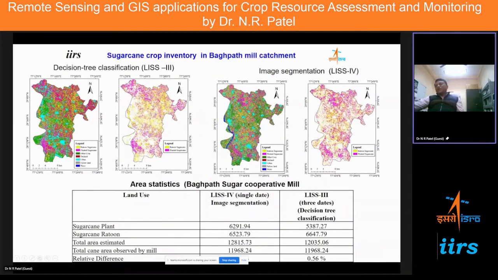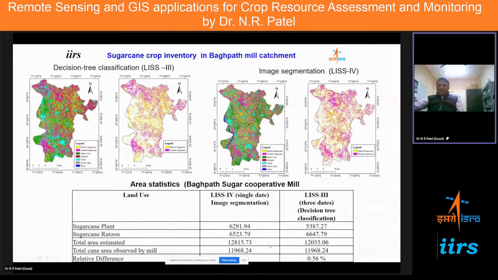Also, we have made use of LISS-4 high resolution satellite data and compared how we can get better accuracy for sugarcane crop type. See the statistics here with the actual sugar mill, because these days a sugarcane information system is developed by the UP government. So almost every sugarcane field is mapped with a GIS GPS survey.